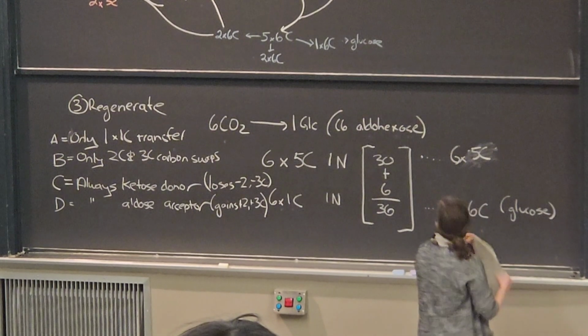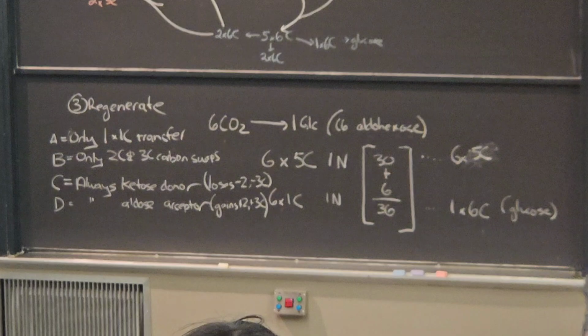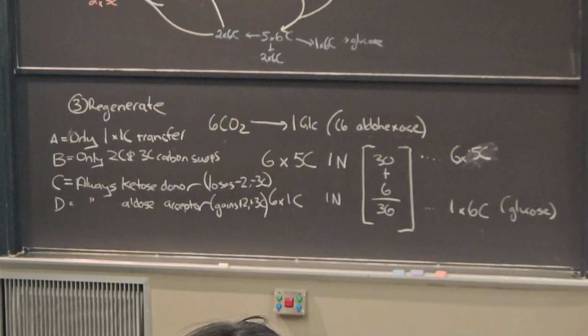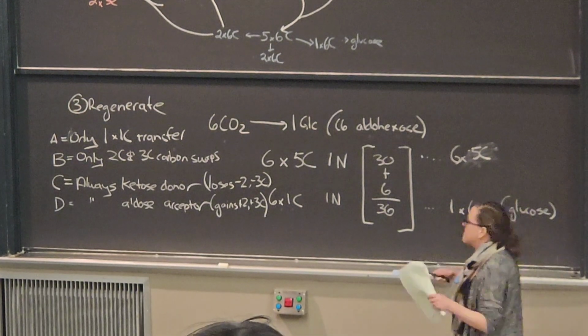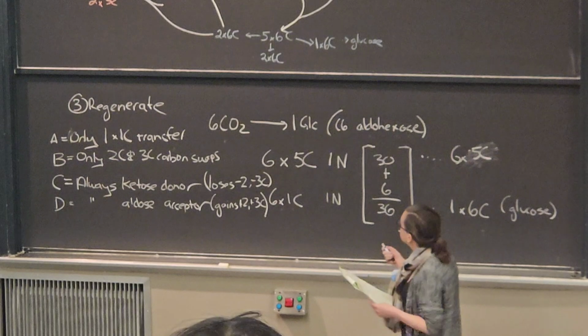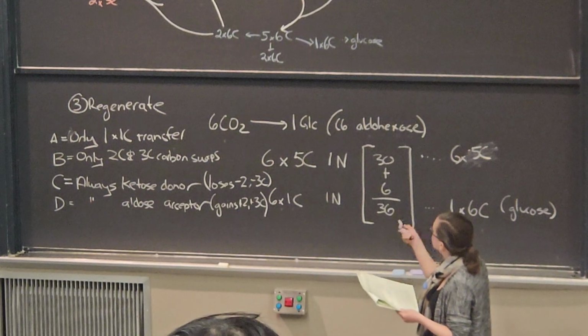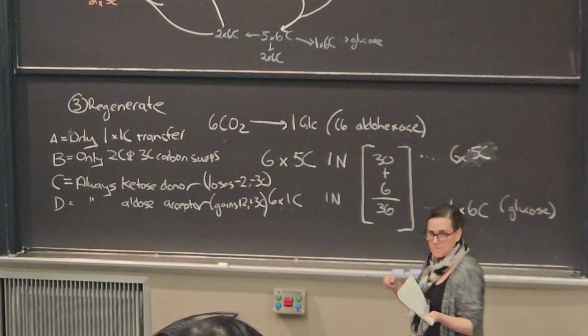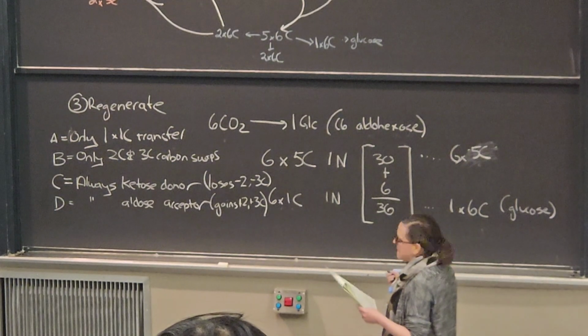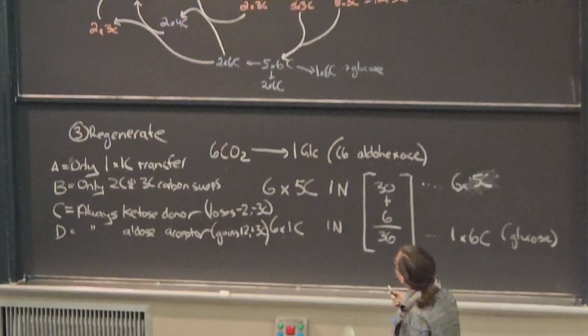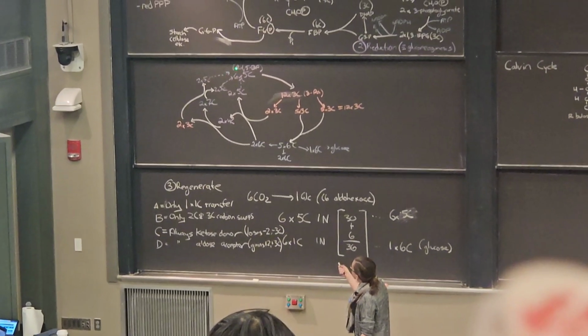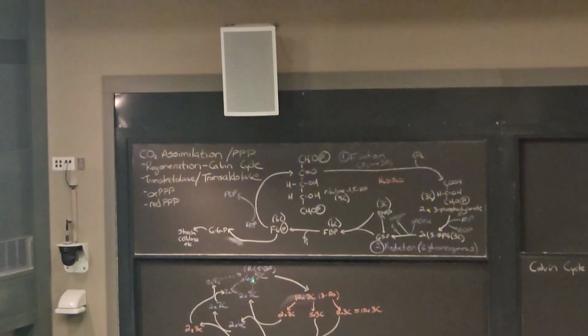Okay, so now I want to go over an overview of how this works in a very general way. And then we're going to go further into the nitty-gritty details of this process. And it's diagrammed here on the board. It's also uploaded to Canvas. Okay, so we're starting here with 6 5-carbon sugars, that's 30 carbons total.